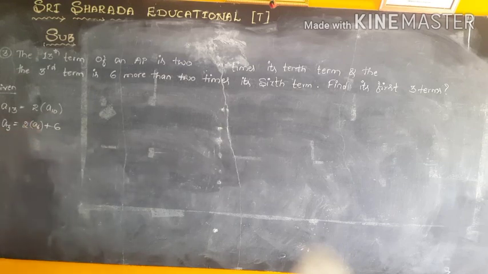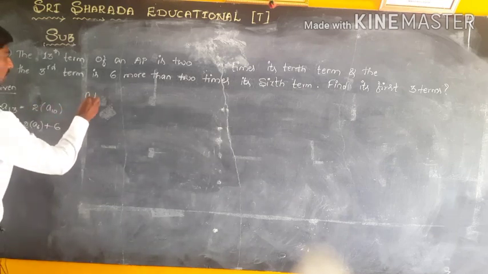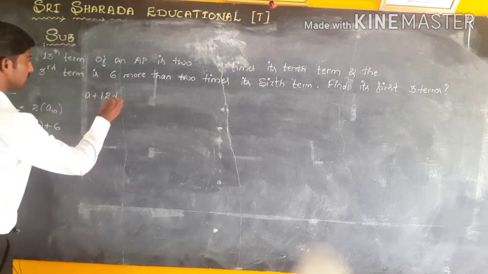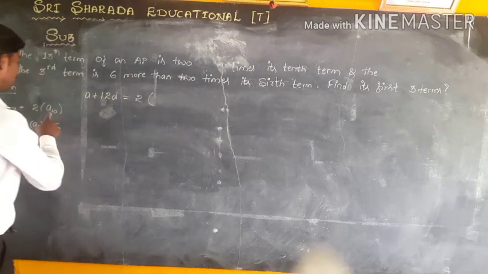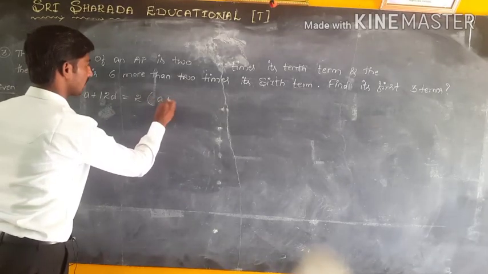Find its first 3 terms. He has given only this much data for us. Let us solve it. A13 means A plus 12D, the general form, is equal to 2 times A10. What is the general form of A10? It is A plus 9D.